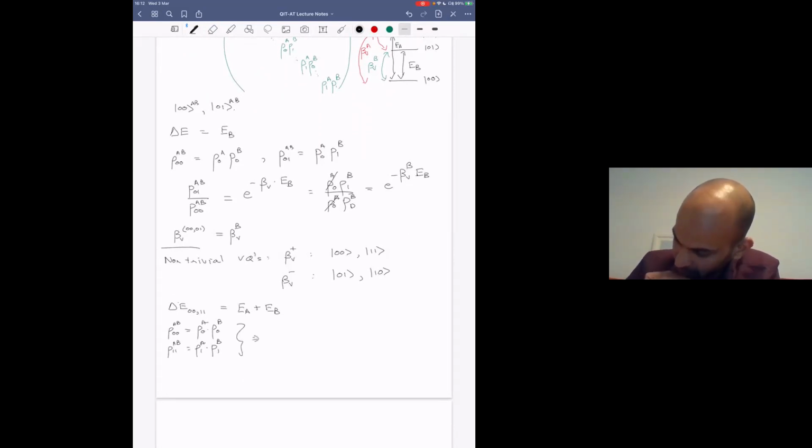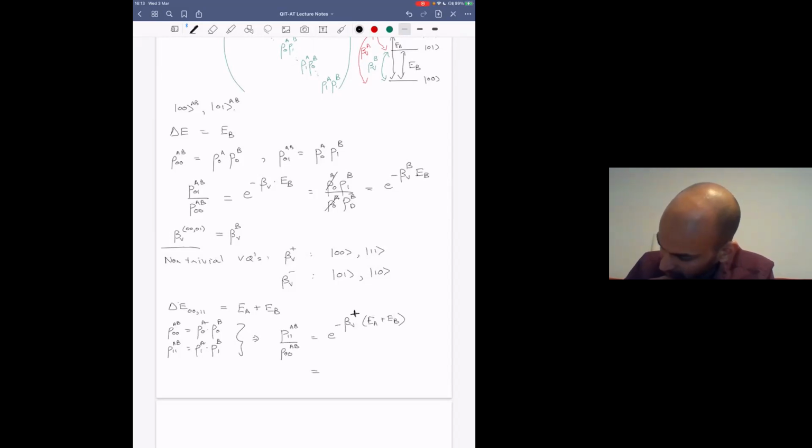So this now gives us a formula for the Gibbs ratio, which is, P11AB upon P00AB should be equal to the exponent of that virtual temperature plus times the energy gap, which is EA plus EB.